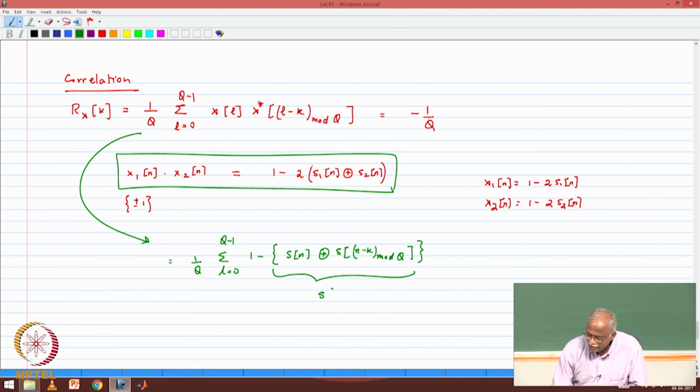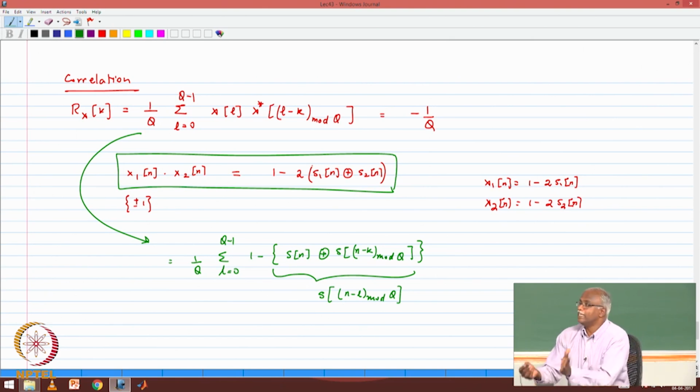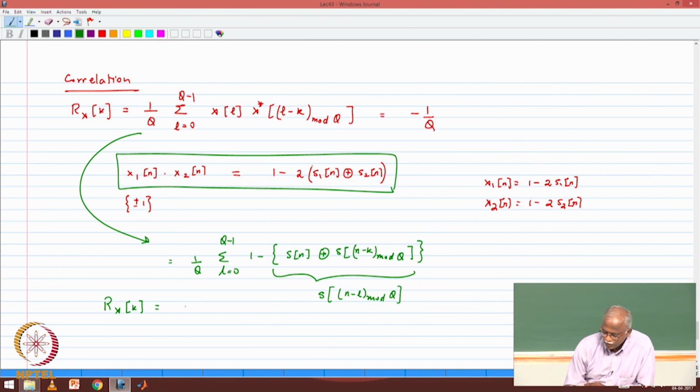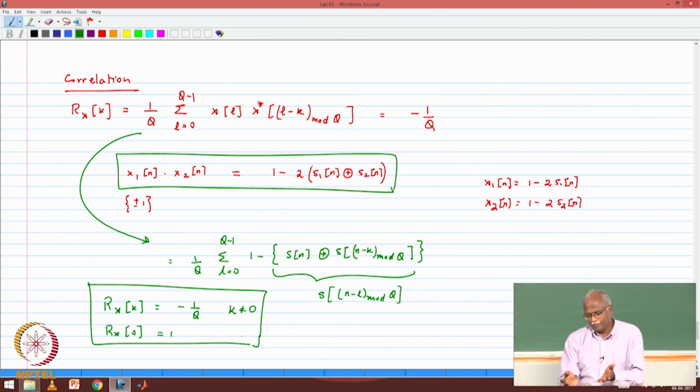So, this will be some S of n minus L modulo q, some other shift, and basically if I sum any of these sequences, what I will get is -1. So, basically you can prove that in the general case Rx of k is equal to minus 1 over q if k not equal to 0 and Rx of 0 equal to 1. So, that is a general result. You can construct the proof and verify that.